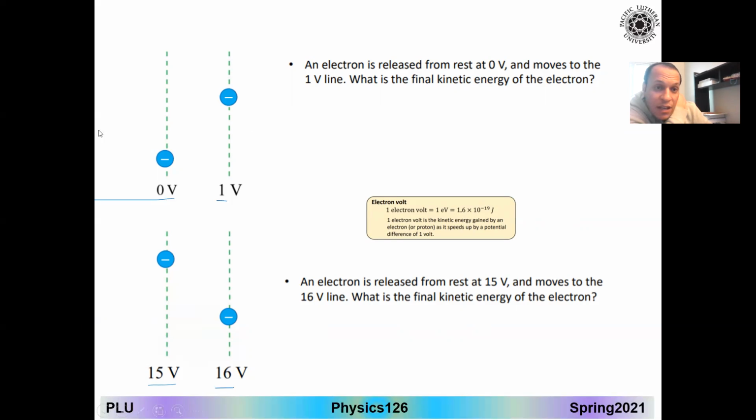So we have the initial positions, and the second one, the final positions at 1 volt.